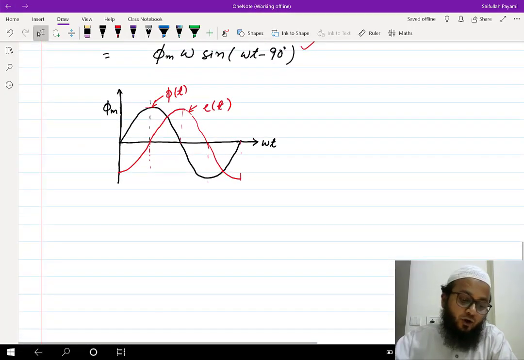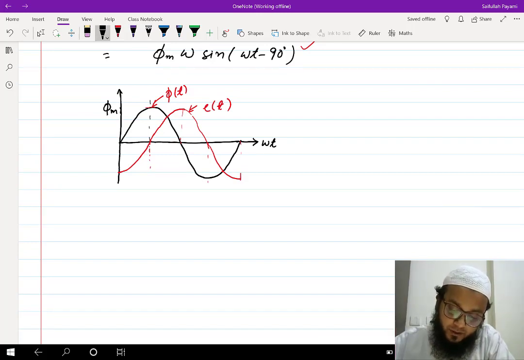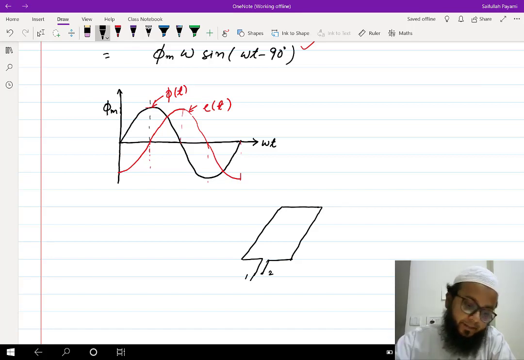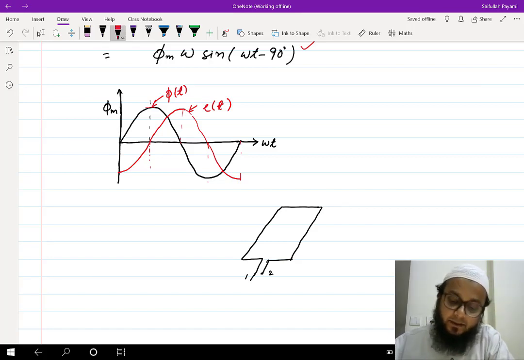Obviously, if I have, let's say, two turns, I have one turn here, and let's say this terminal is 1 and this terminal is 2, and the second turn is also in the same position, same length, everything same.